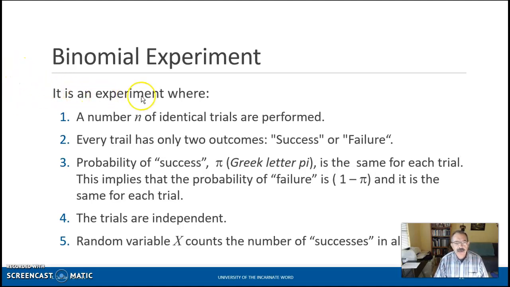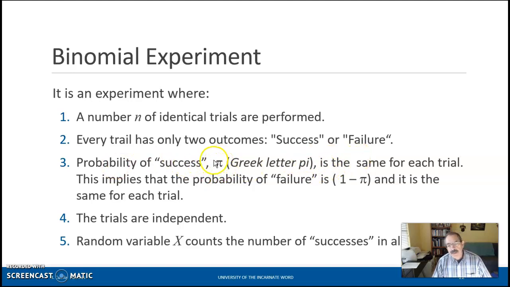And every trial has only 2 outcomes, either success or failure. And what is success and what is failure depends on what is your interest in the calculation of probabilities, as we will see. All right, the probability of success, we're going to use the letter pi to designate the probability of success.